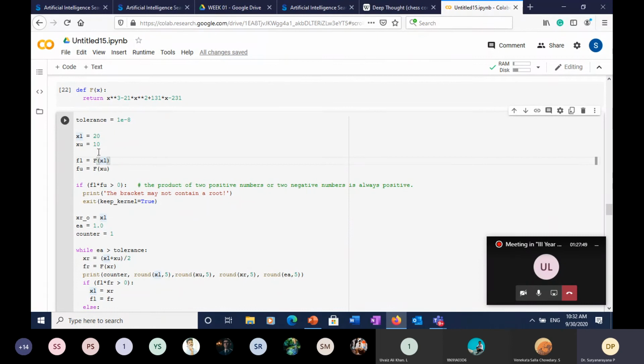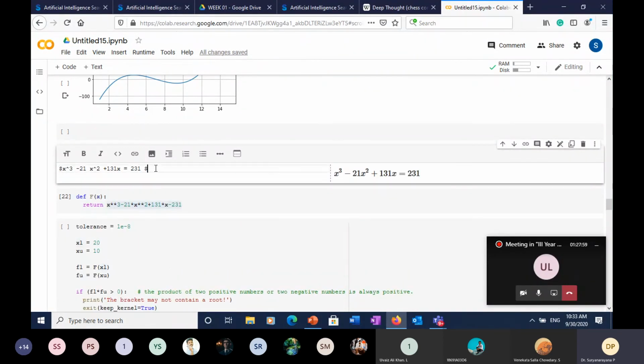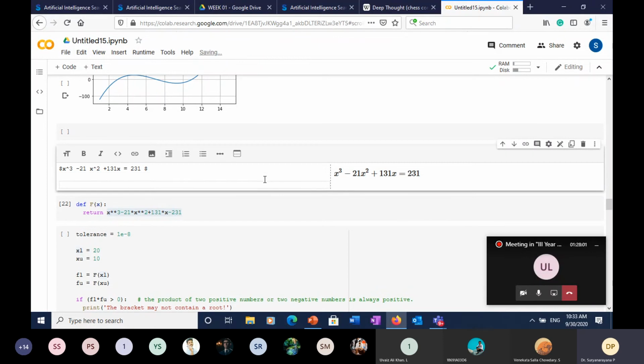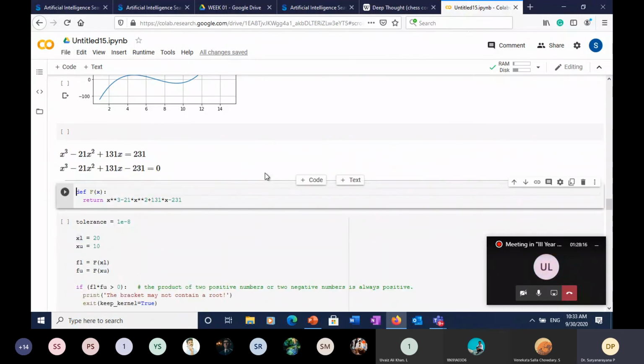So you have, see, this is the function which will return the value of the expression that we are trying to solve. If you see, I have rewritten the equation because this way we cannot solve it properly. To be able to do the bisection method, or any bracketing method, you have to bring everything to one side.